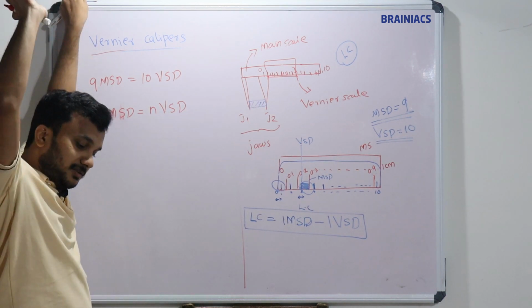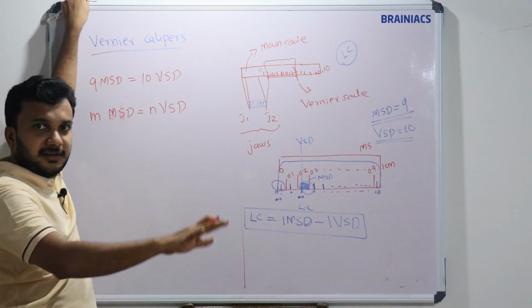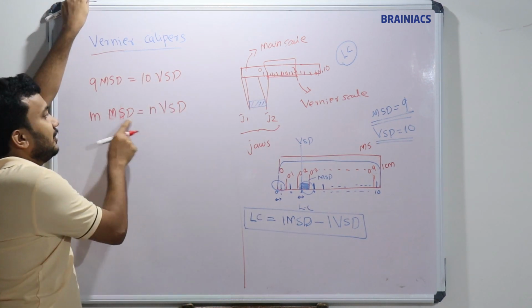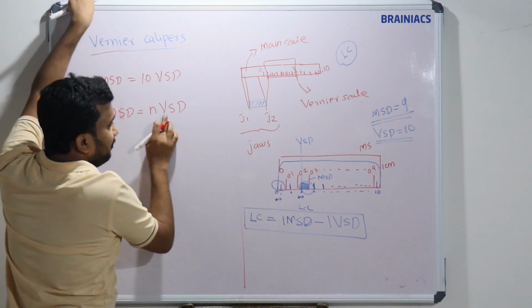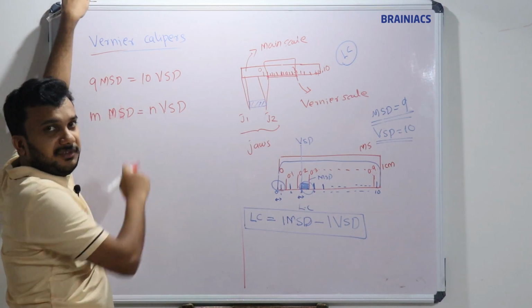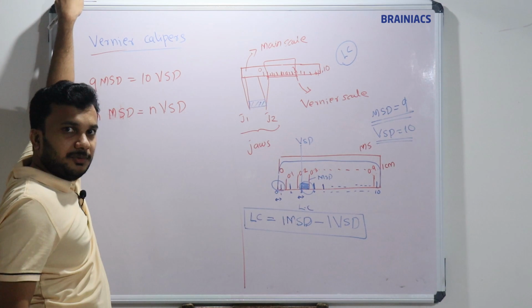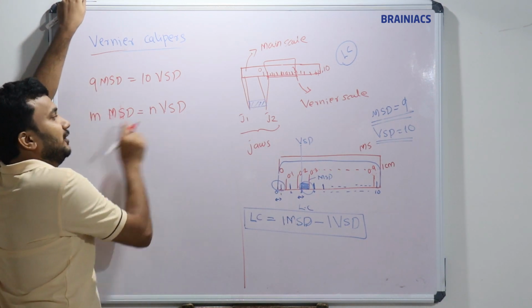Mahendra Singh Dhoni is the bigger guy. Virendra Singh is the chota guy. So bigger is M. M means bigger, Mahendra bigger, then Virendra chota. So M MSD equals N VSD. M times Mahendra Singh Dhoni is equal to N times Virendra Singh Dhoni.